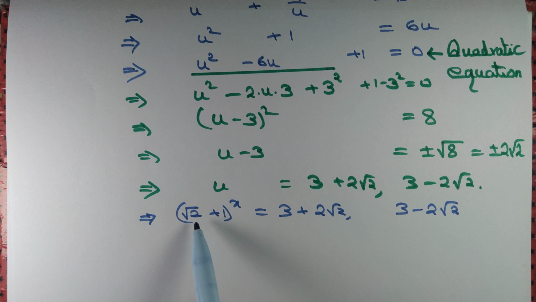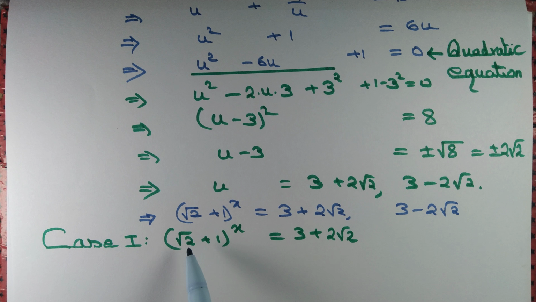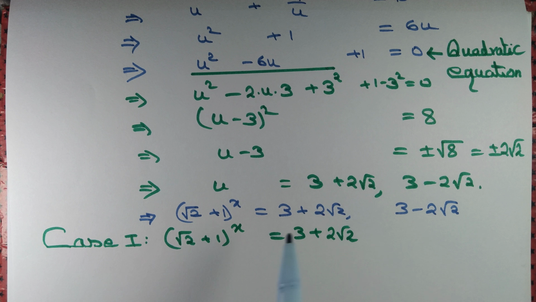Let's look at case 1. So we want to solve this equation (root 2 plus 1) to the power x equal to 3 plus 2 root 2. Let's regard it to be case 1. This one will do it separately in case 2. When we have (root 2 plus 1) to the power x, definitely x cannot be equal to 1. But what about 2?